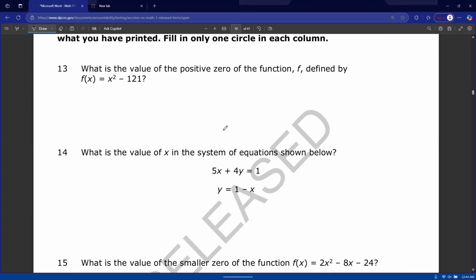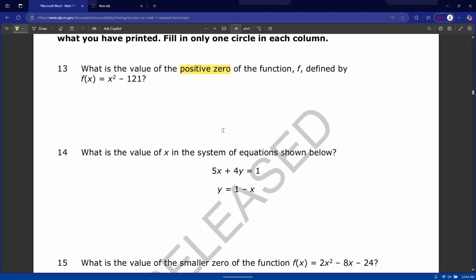13. What is the value of the positive zero of the function f defined by f of x equals x squared minus 121? Now, I know a lot of people consider this very fancy or confusing language, but basically when it says positive zero, it wants you to get the x-intercept, okay?